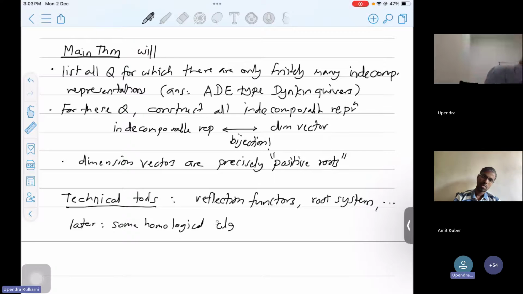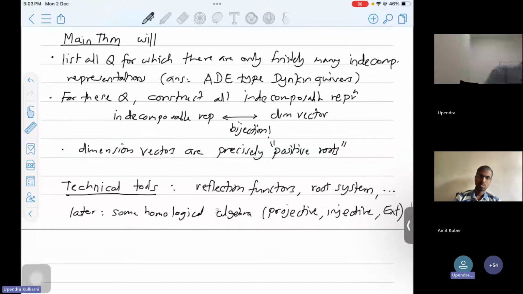Later, some homological algebra, which is projective, injective objects in this category, maybe something about Ext, and a nice way to see where the quadratic form comes from. And let me list slowly increasing use of category theory.